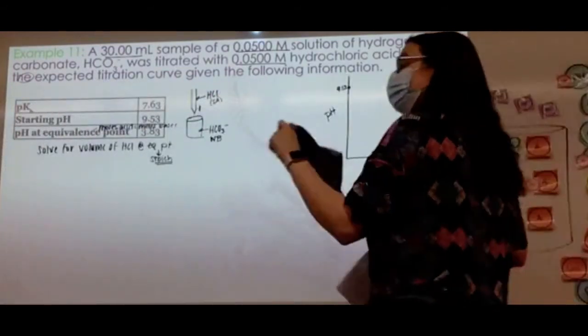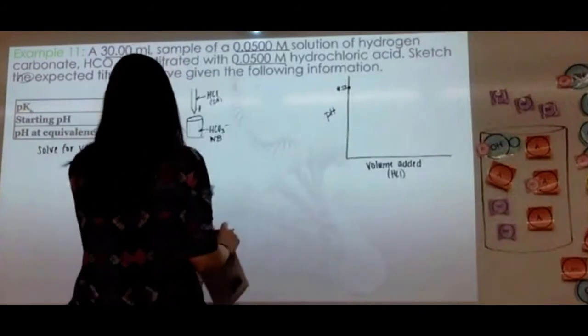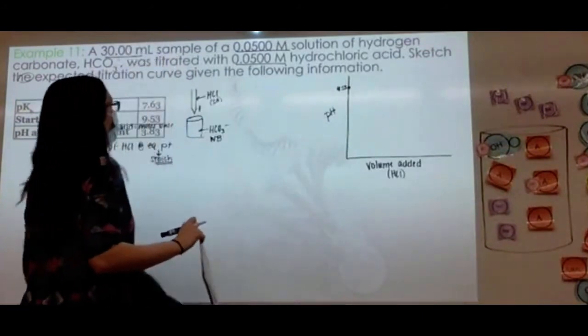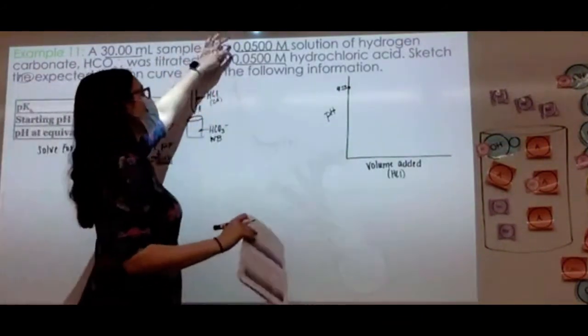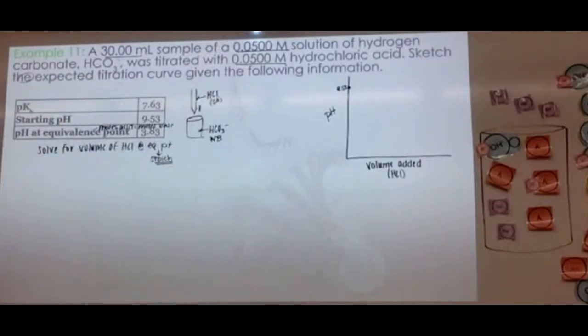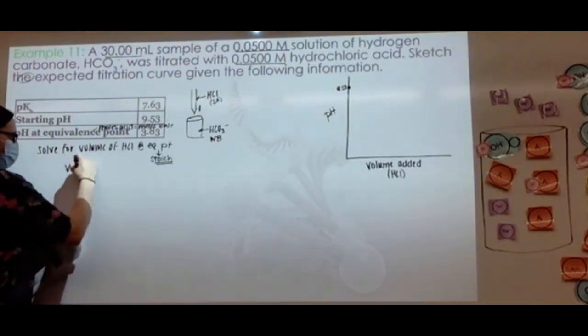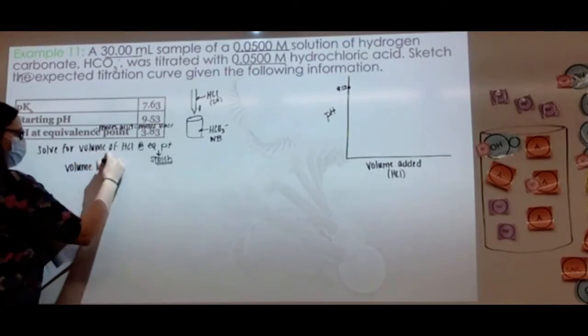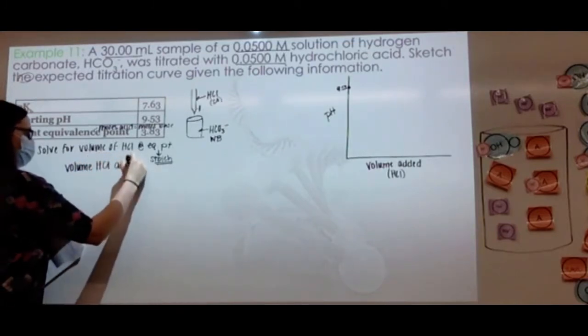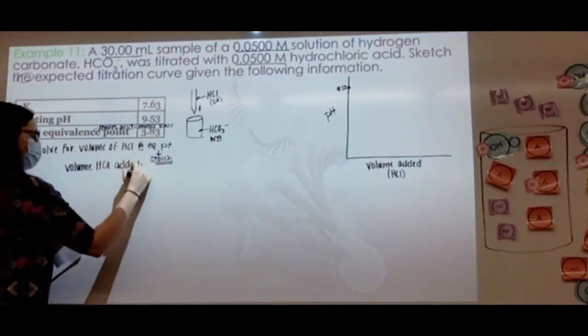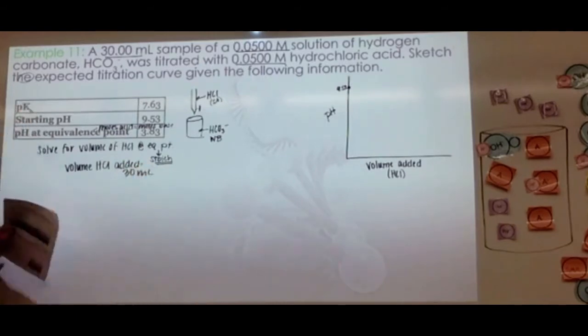So if moles are equal at the equivalence point, and molarity is equal at the equivalence point, volume is also equal at the equivalence point. Volume of HCl added at the equivalence point is 30 milliliters.